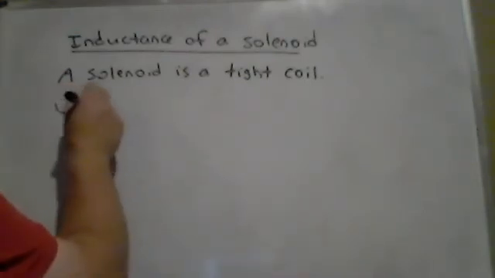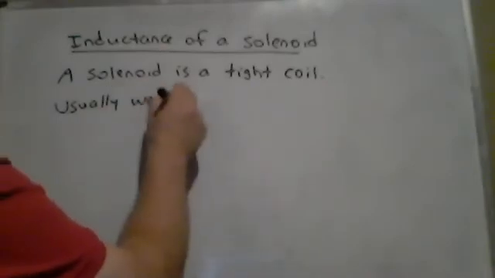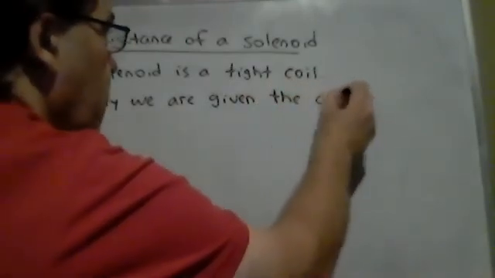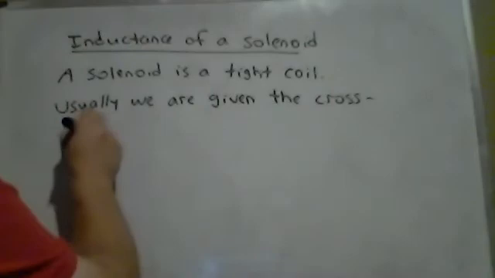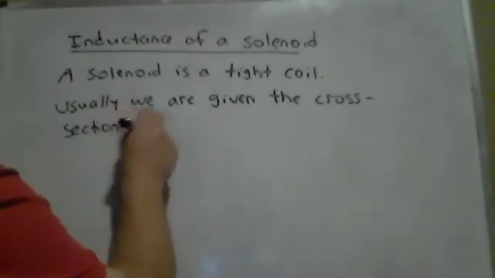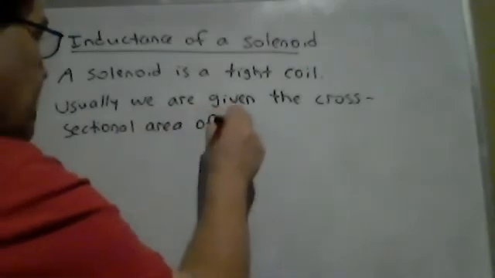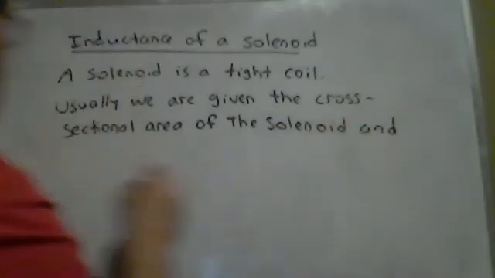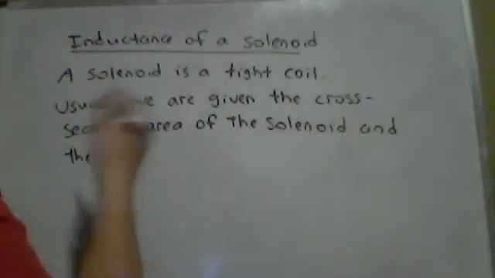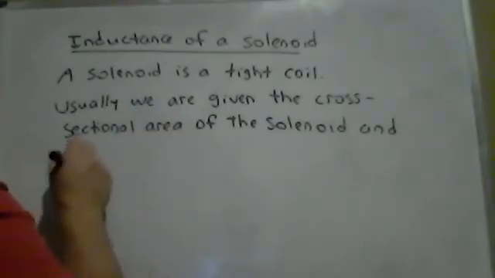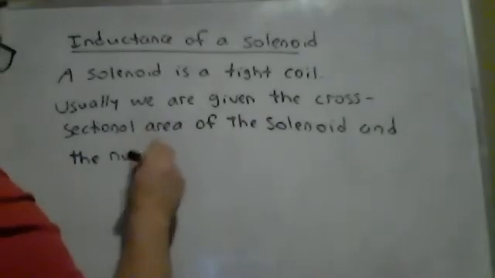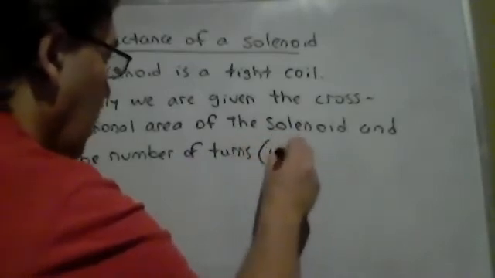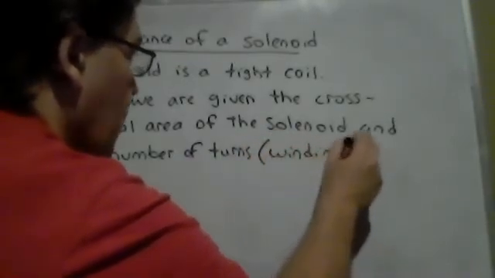Usually we are given the cross-sectional area of the solenoid, maybe the radius or diameter, and the number of turns or windings per unit length.